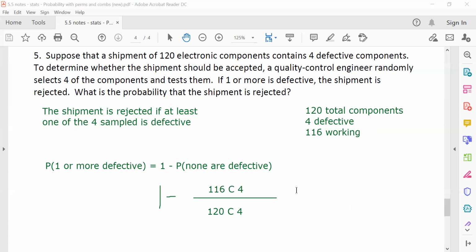And so this is going to be the probability calculation we do. 116C4. Probably going to be a pretty large number. Yes, it is.